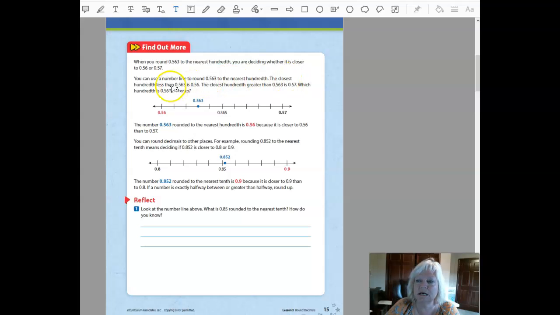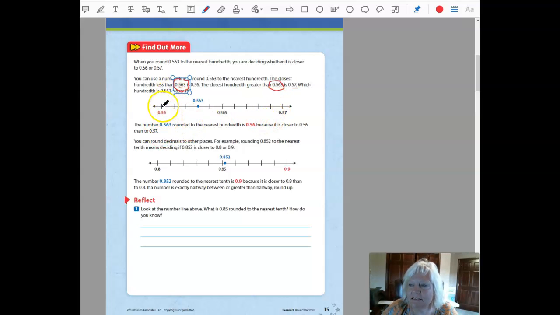The closest hundredth less than, right here, this number, let me get my pencil back, right here, is 56. The closest hundredth greater than this is 57. So we put the numbers 56 and 57 in this number line.